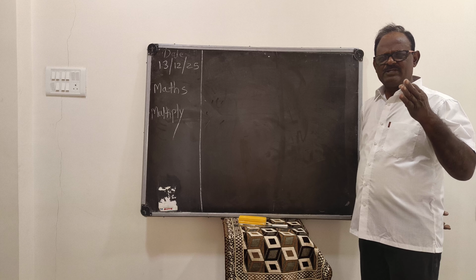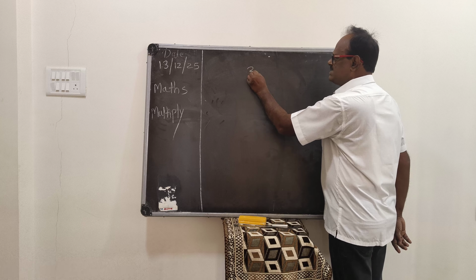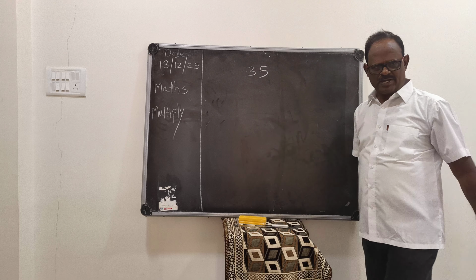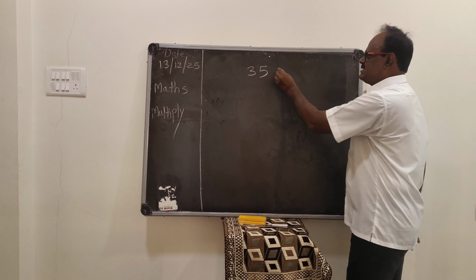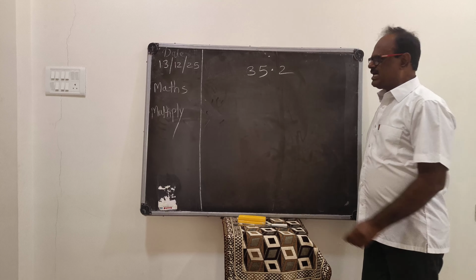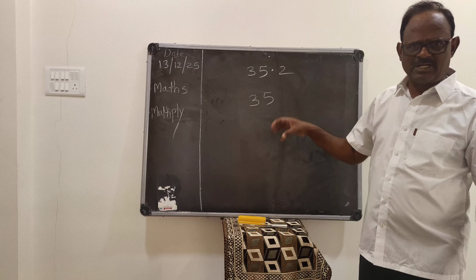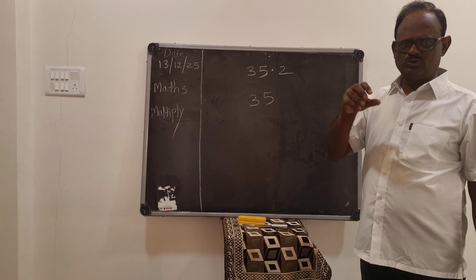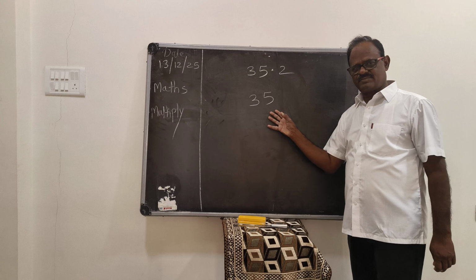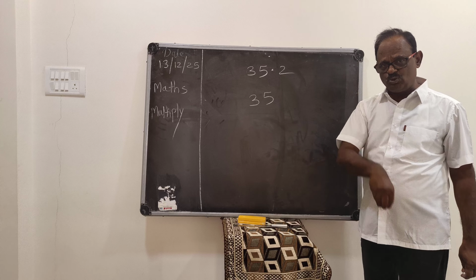I am going to explain a very simple thing first of all, that this is the number 35 and this is the number 35.2. But is there any decimal point in the number 35? The answer is yes. There is a decimal point in the number 35 too.